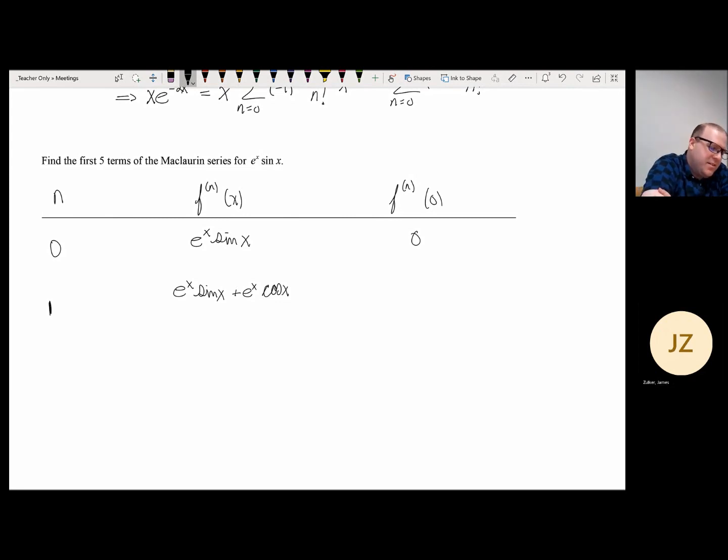And it's going to make my life a lot easier later on to factor out that e to the x. Evaluated at 1, I'm sorry, not at 1. What am I doing? At 0. Just 1, isn't it?